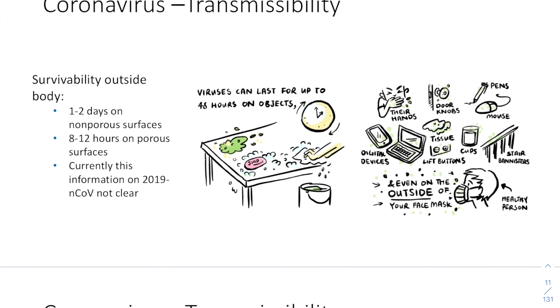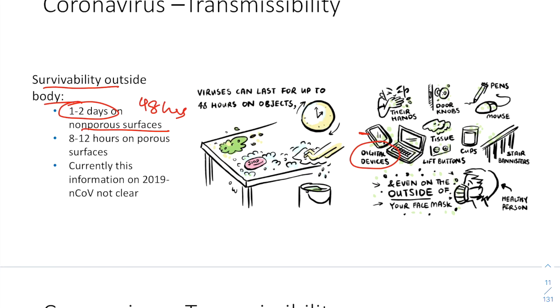Next, you should know why the coronavirus is so contagious: because of its long survivability. The virus can survive outside the body for 1 to 2 days, that is approximately 48 hours, on non-porous surfaces, like a table, doorknobs, a mouse, a pen, or digital surfaces like the front of a mobile phone or even laptop surfaces.